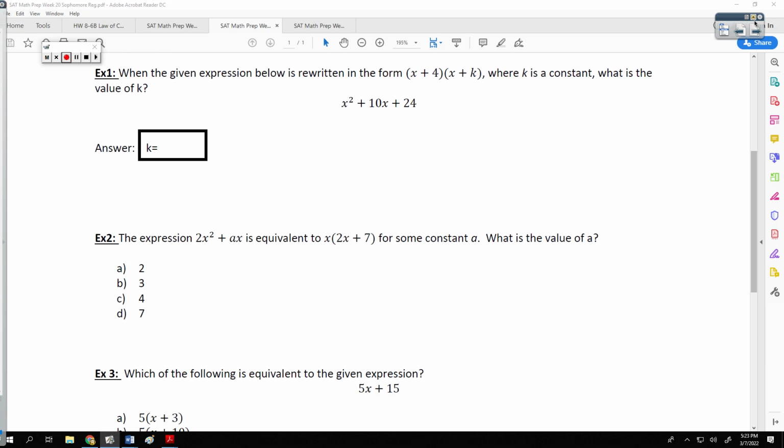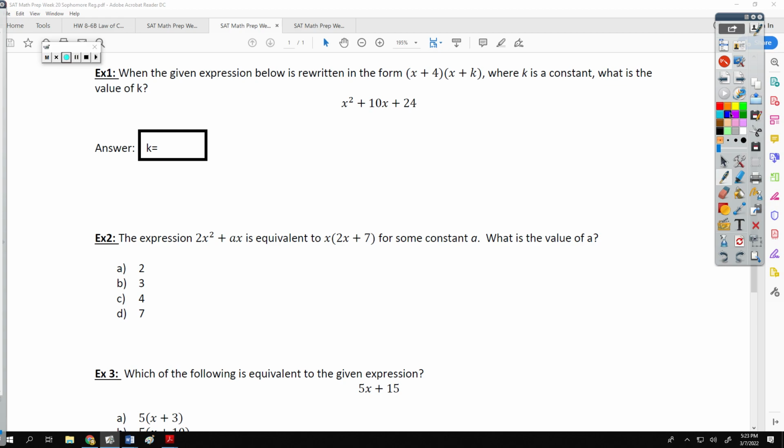So example set 1 says, when the given expression below is rewritten in the form x plus 4 times x plus k, where k is constant, what is the value of k? So we should see this trinomial expression x squared plus 10x plus 24, and we should realize that means we're looking for a pair of numbers that multiplies to 24 and adds to 10. There are only so many pairs of numbers that multiply to 24, and if we look at those options, only one adds up to 10.